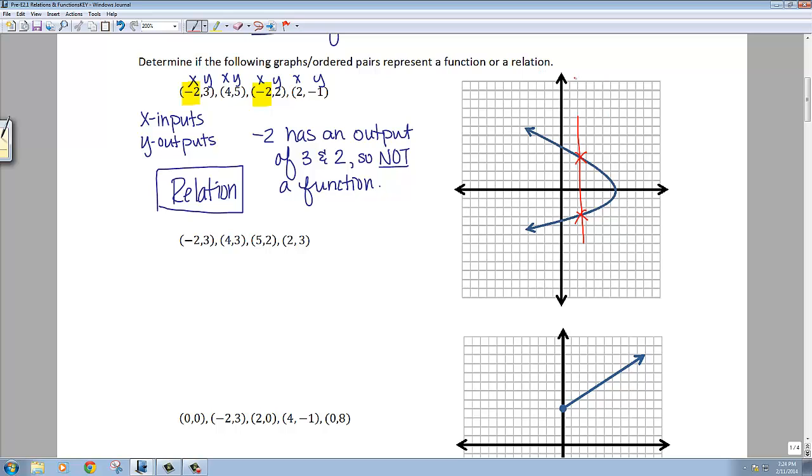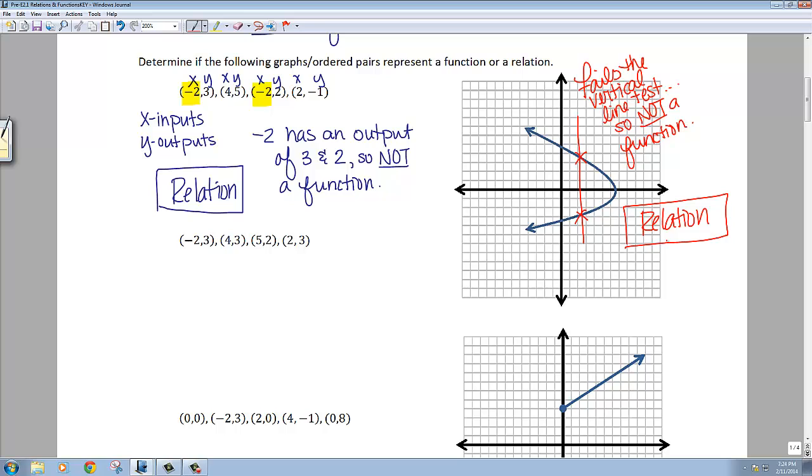So I'm going to write up here, this fails the vertical line test. So not a function. Okay, which means that this one is also a relation.